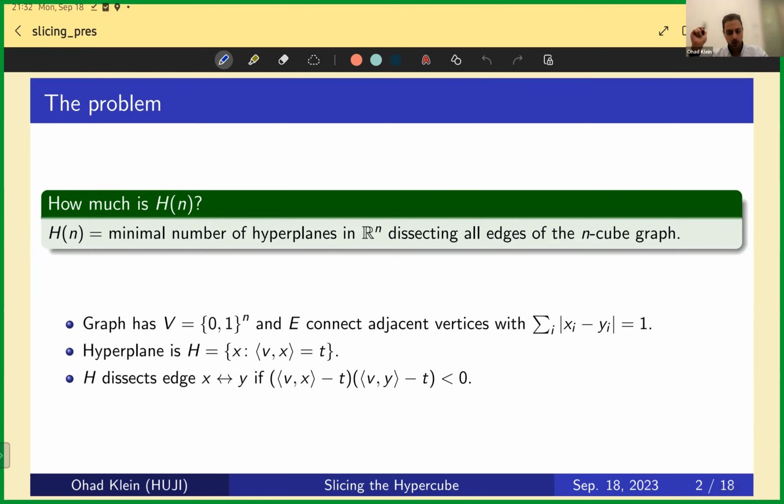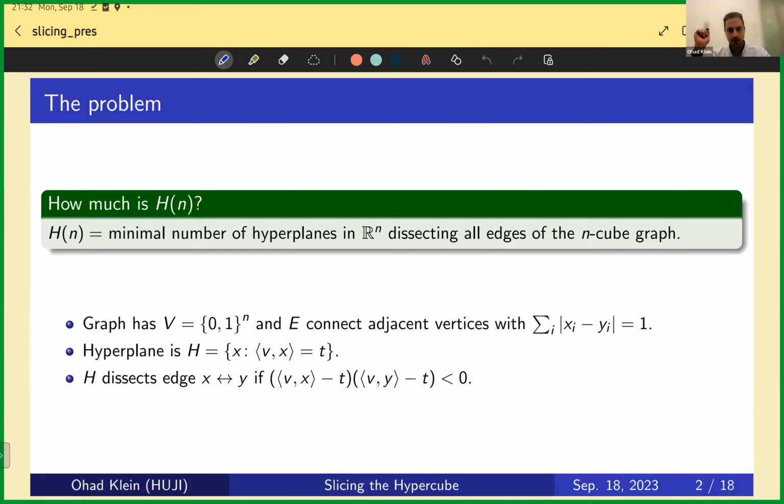The hypercube has 2 to the n vertices, which are just a Cartesian product of n sets of size 2, and we define the edges of this graph to connect any 2 points which differ only at one coordinate.